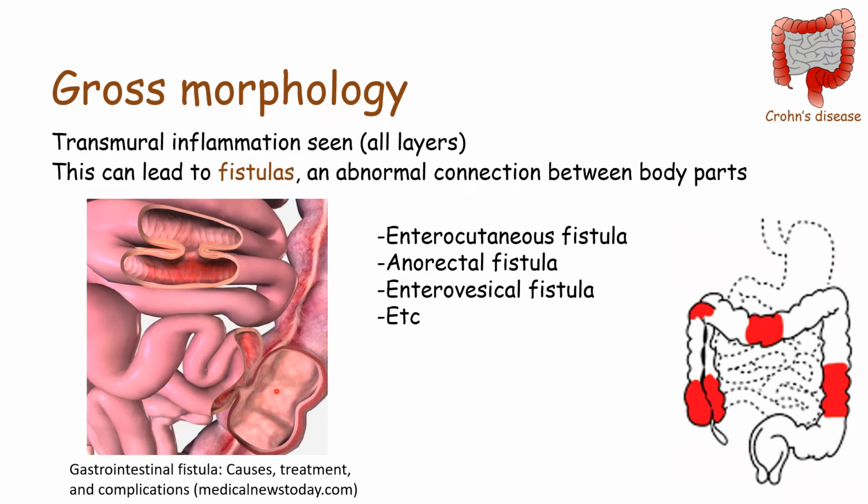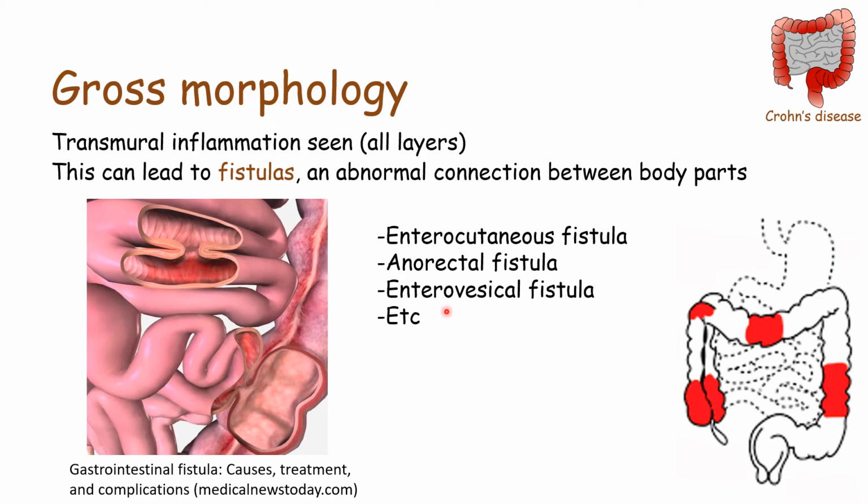And this can actually happen between any part of your body that comes in contact with the GI tract, really. So we can have an enterocutaneous fistula. This is a connection between your bowel and your skin. So there can be an opening to the outside environment, which can be very dangerous. There can be an anorectal fistula. These tend to be quite common.